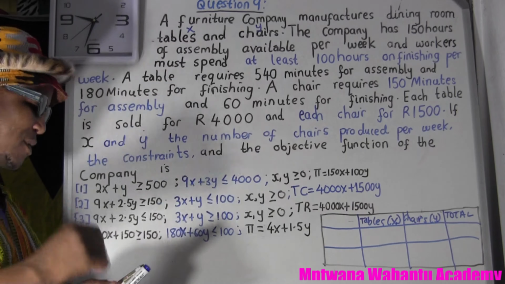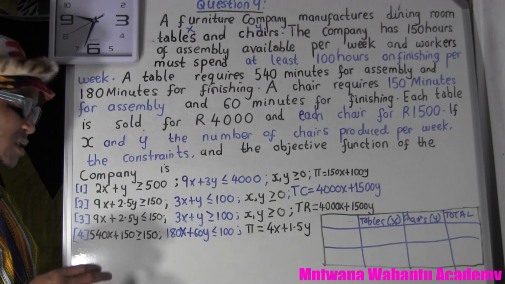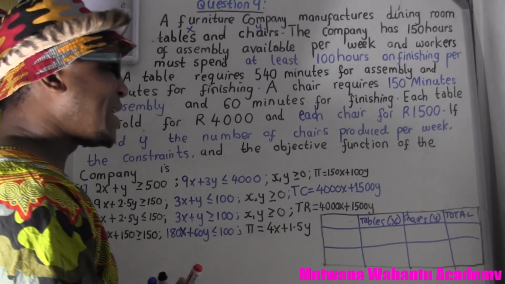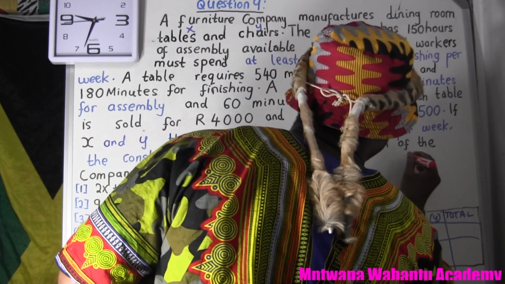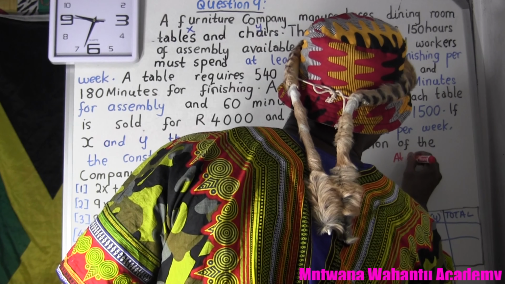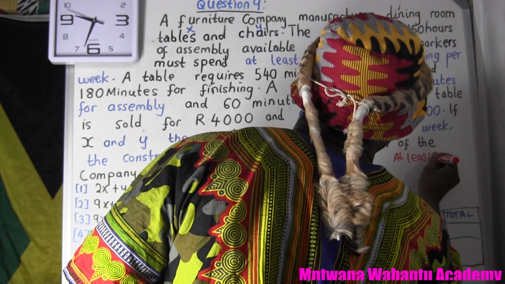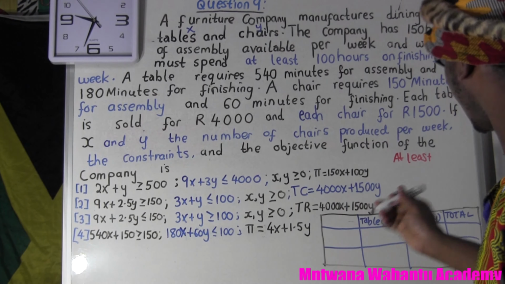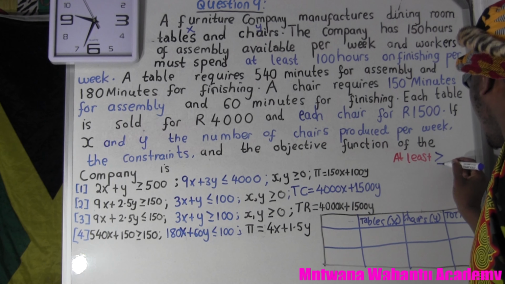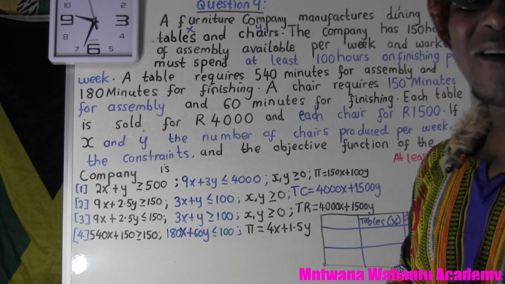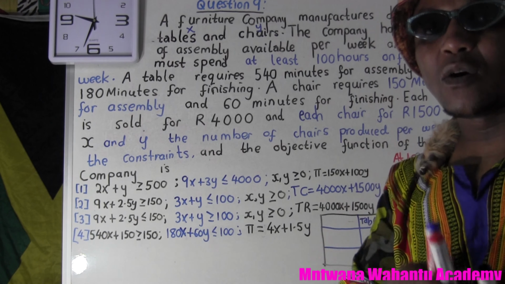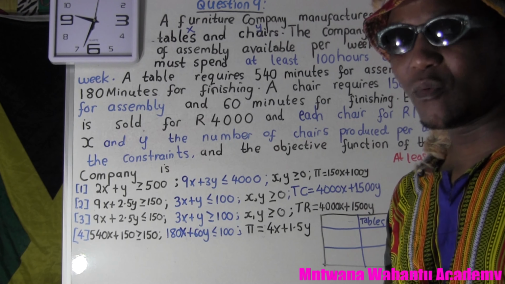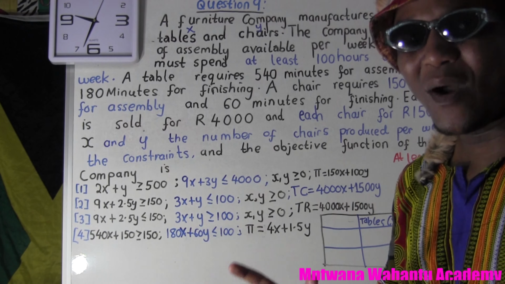Before we continue, this concept is very, very important. Whenever they mention at least, this is the sign for at least. Because if somebody says you need to have at least 2 people, what does that mean? It means 2 people and more.